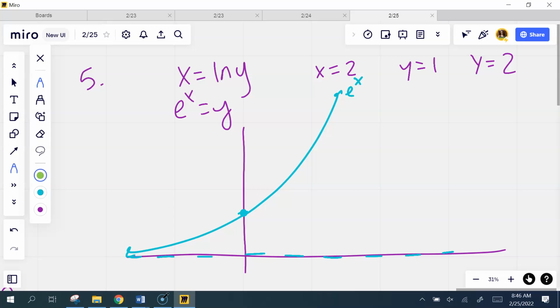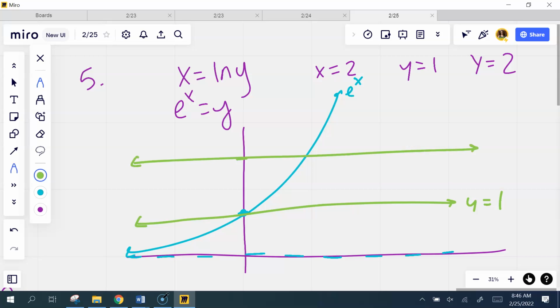Then you've got y equals 1. Y equals 2. And x equals 2.